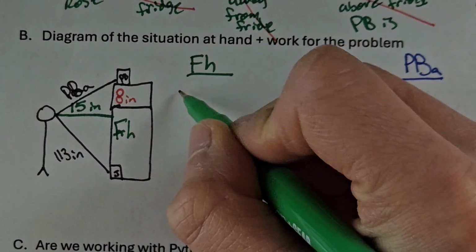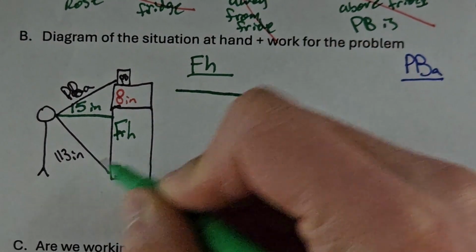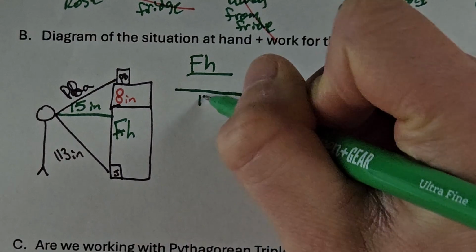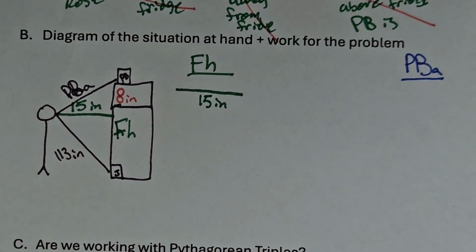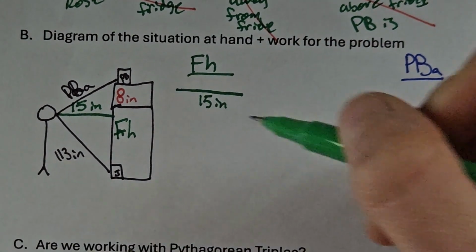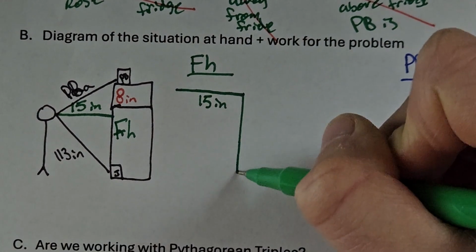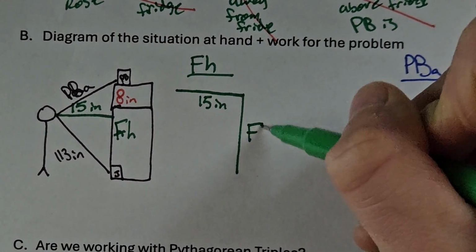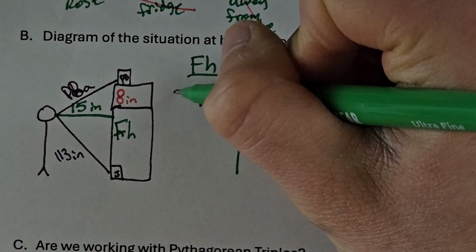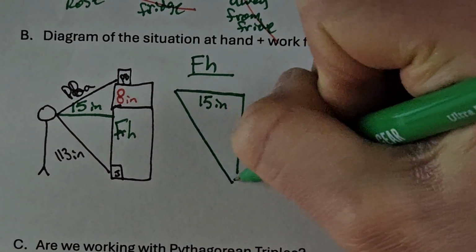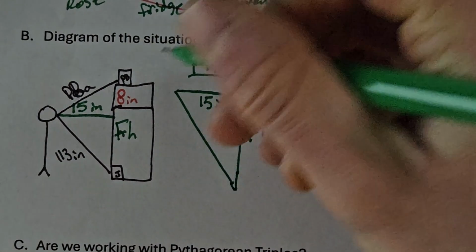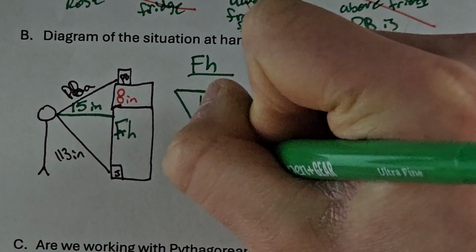So, drawing out another picture, I have 15 inches right here between me and that fridge. And I need to find out the height of the fridge. This is FH. And from arm's length to the jelly, it is 113 inches away.